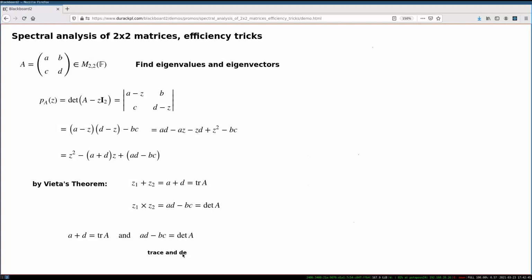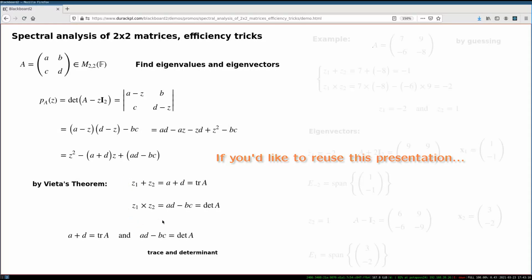So if I use these two terms, I can say that the sum of the eigenvalues equals the trace of the matrix, and the product of the eigenvalues equals the determinant of my matrix. This is the efficiency trick you can use to find eigenvalues quickly by stating these two relations and then guessing the eigenvalues. I'll show you this on the example.